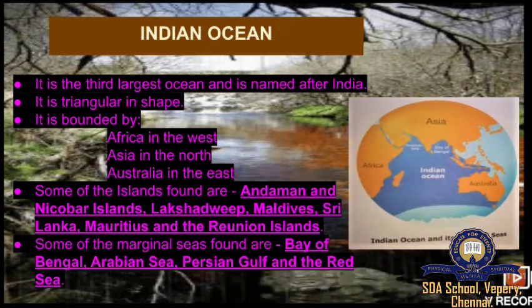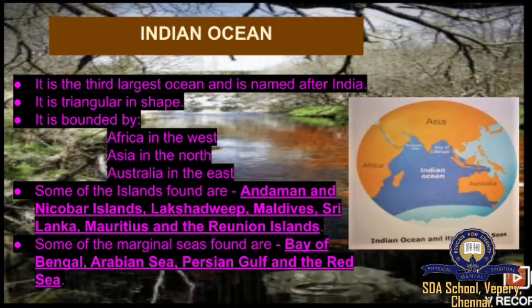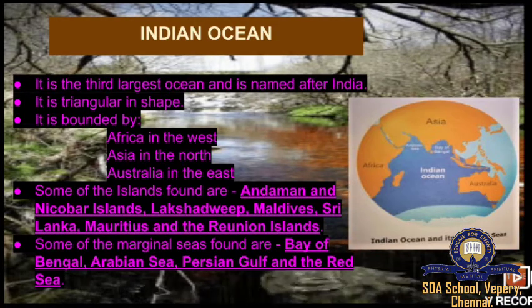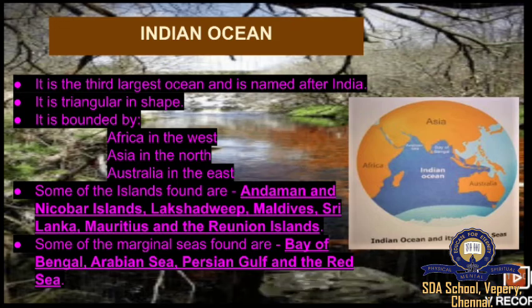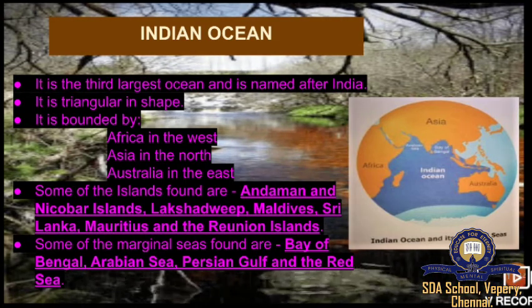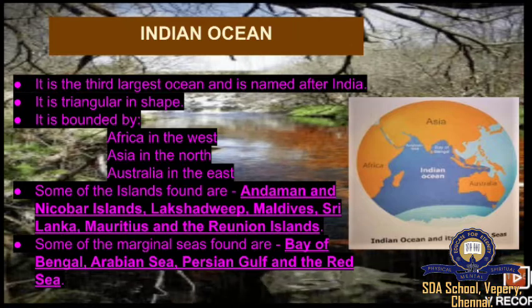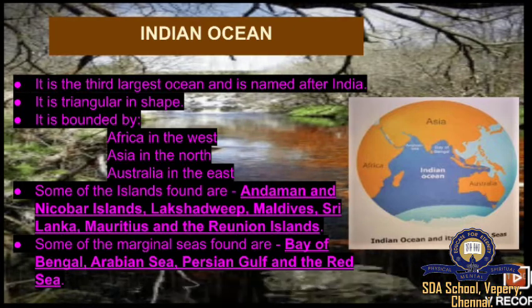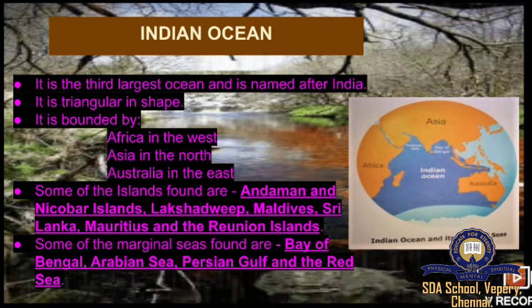So you see in the picture, right? It is almost triangular in shape. It is bounded by Africa in the west, Asia in the north, and Australia in the east. So you see Africa on the left side, Asia at the top side, and Australia in the right side of the Indian Ocean.